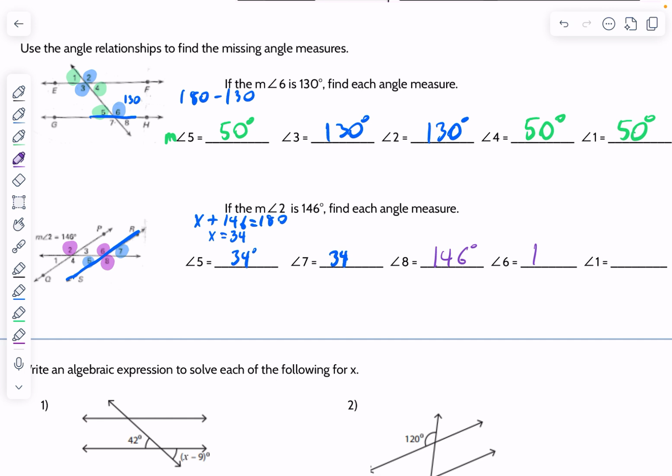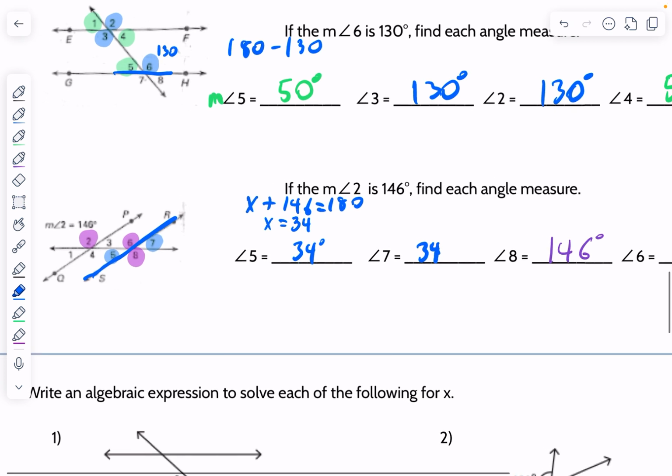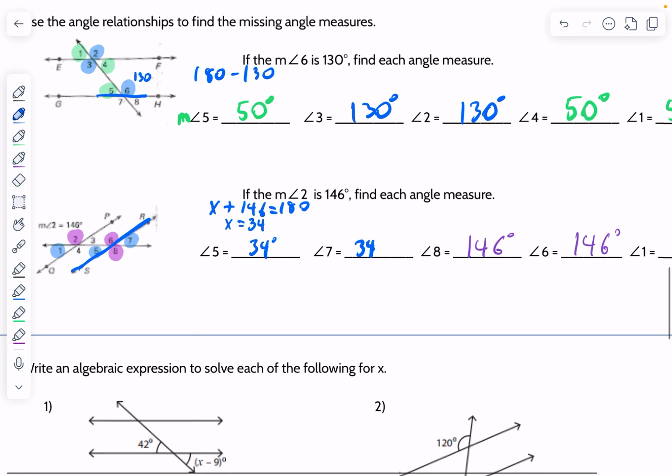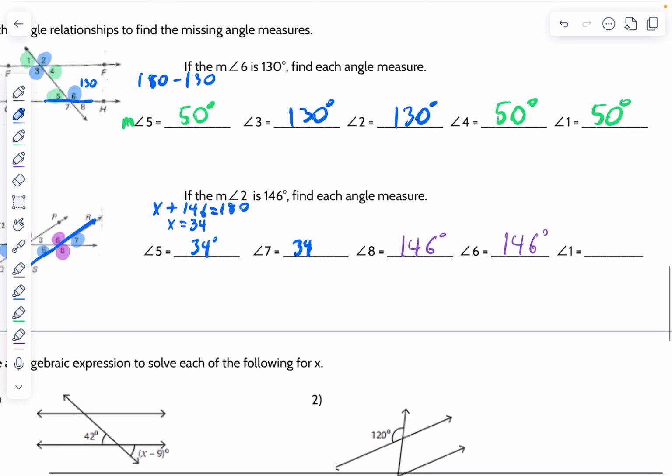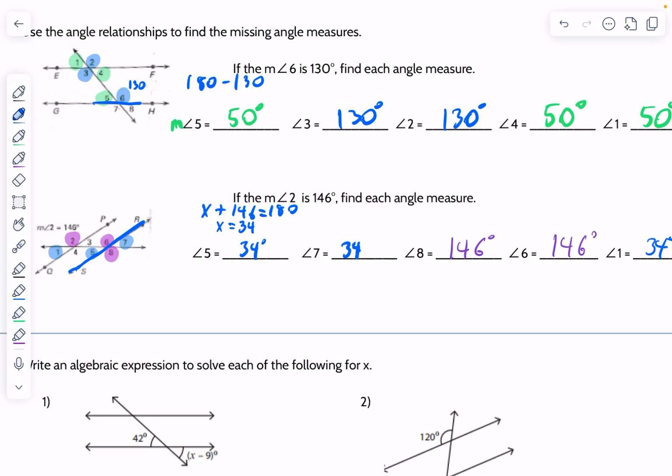Angle 6, we already said, is 146. And angle 1 corresponds with 5, or is alternate exterior of 7. So that is going to be 34 degrees. You can see once you figure out a couple of them, the rest of them become really easy.